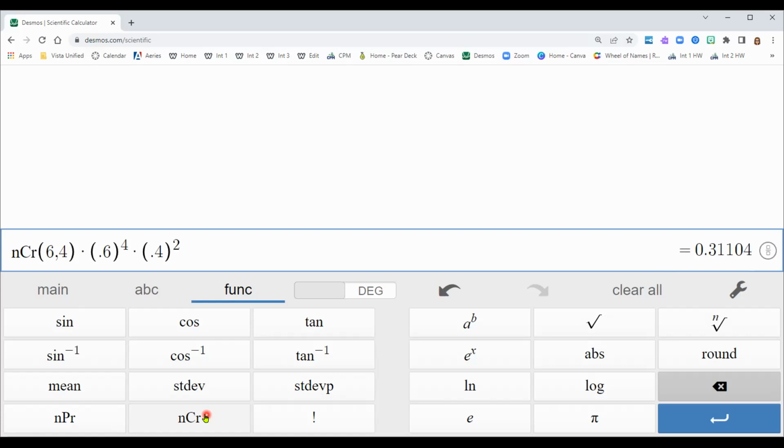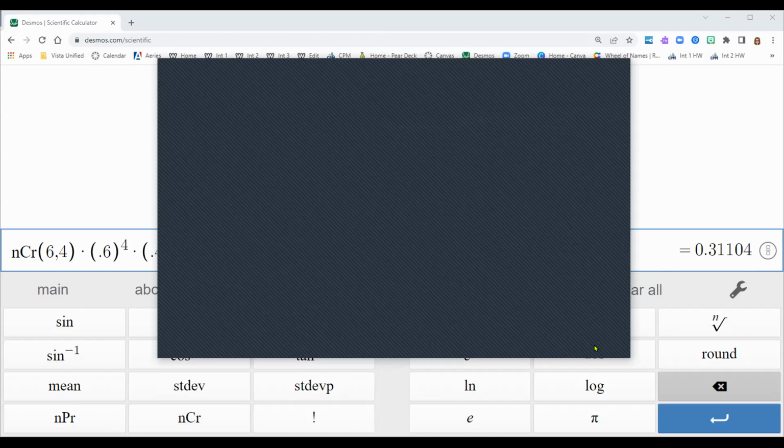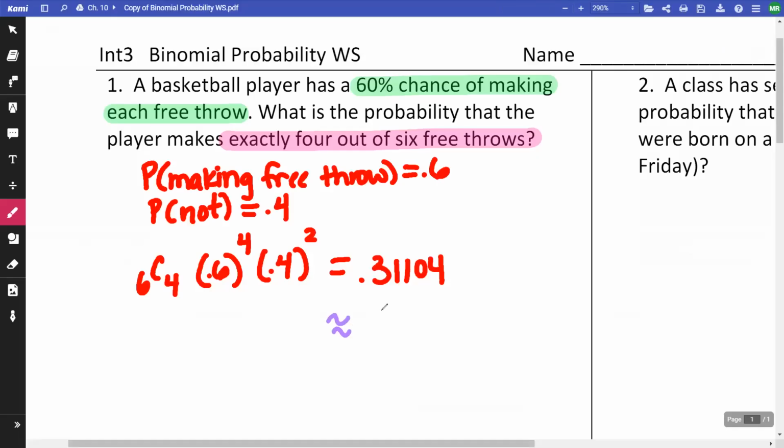And we get 0.31104. And that is about 31.104%. That's going to be our answer.